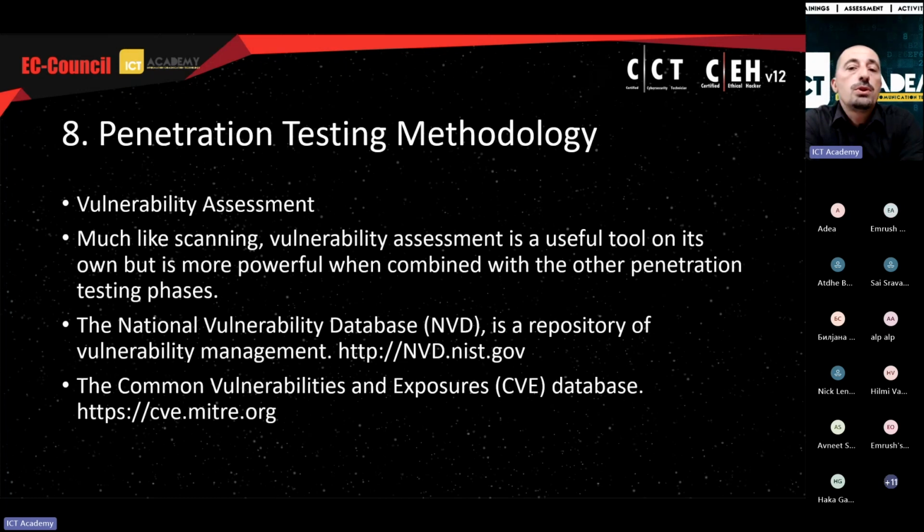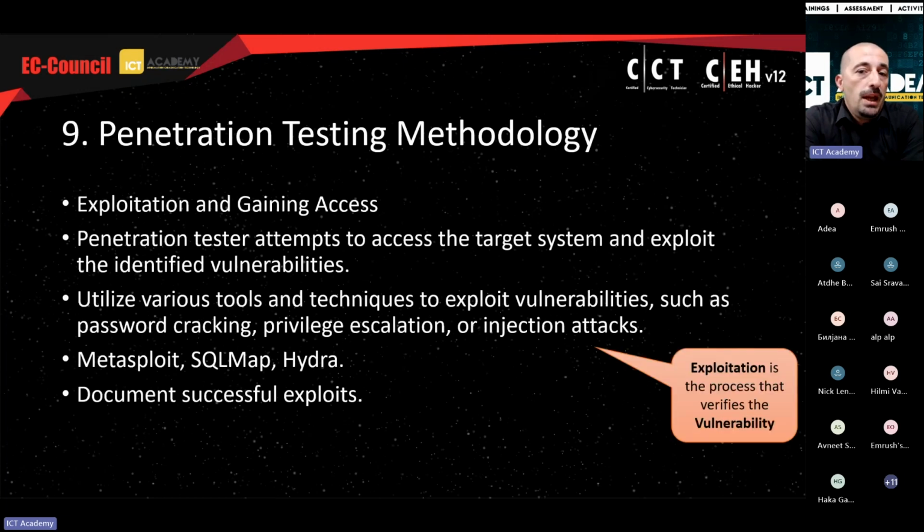Penetration testers use many resources, as we mentioned, CVE, NVD, or Exploit-DB. Those are very important sources that equip us with more insight into a particular vulnerability that we might have identified.